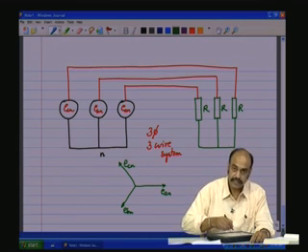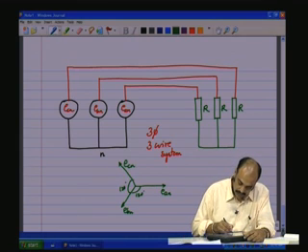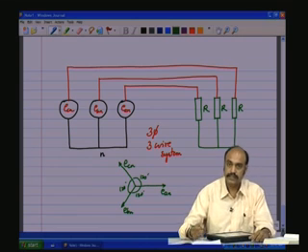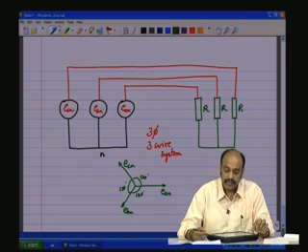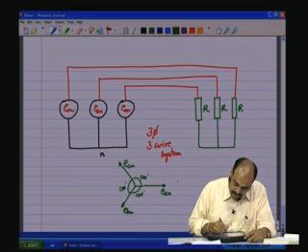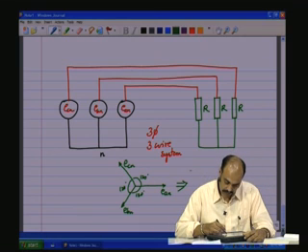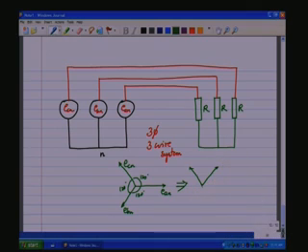Okay, 120 degrees, this is 120, 120, 120 degrees with respect to each other, all having equal amplitude. Same. Now, this can also be written differently in this form, because we can take anything as the reference. Okay. 120, 120, 120.